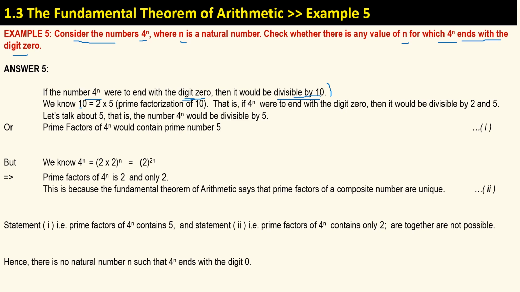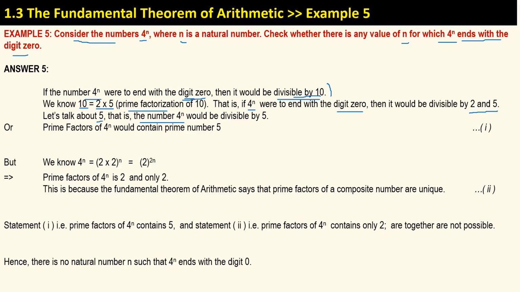But we also know that 10 is a composite number which can be factorized as 2 multiplied by 5, which are its prime factors. So it means that 4 raised to power n, if it were to end with a digit 0, then it would be divisible by numbers 2 and 5. So in our case, let's talk only about the number 5.